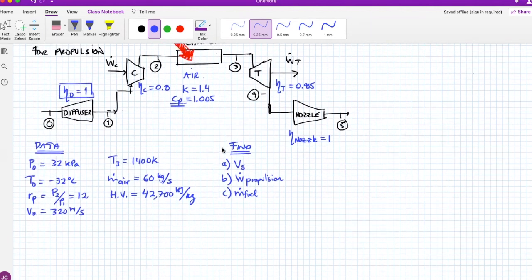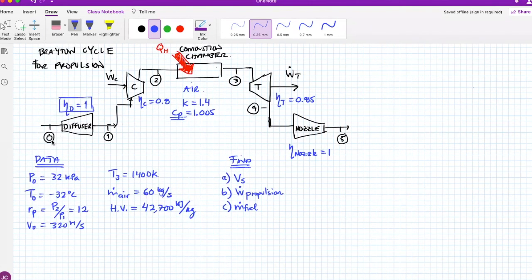More data. At the entrance, you are flying at a really high altitude. Therefore, the barometric pressure, the atmospheric pressure, should be lower than 101.325 kilopascals. Now, the temperature, if you are flying at a really high altitude, will be minus 32 degrees Celsius. That kind of makes sense.